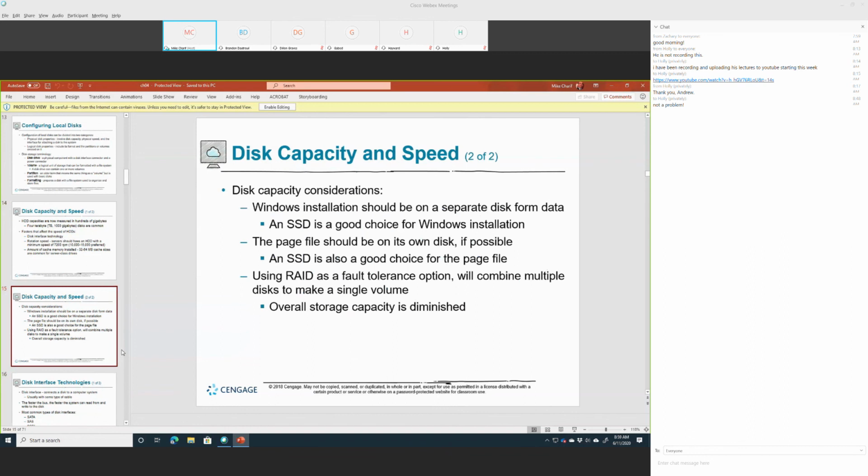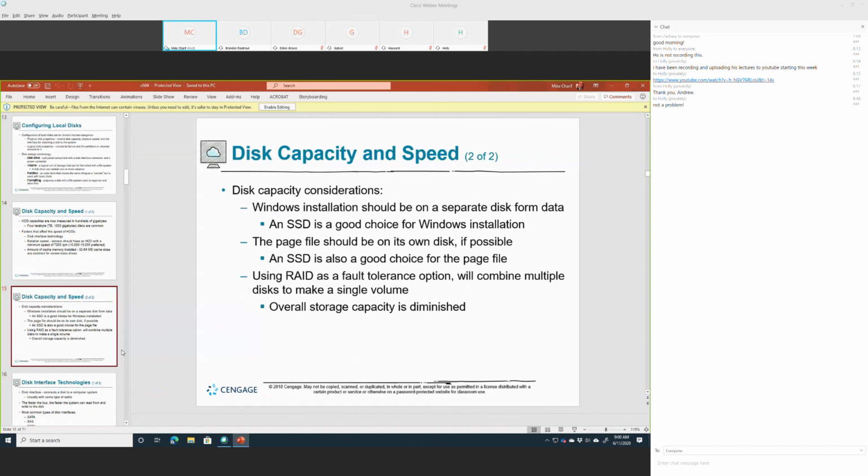Basically, whenever you install your operating system, you can install it in a different volume or different partition. An SSD is a good choice for Windows installation. Why? Because whenever you want to boot your machine, you don't want to wait forever. So that will give you a fast boot if you use an SSD.